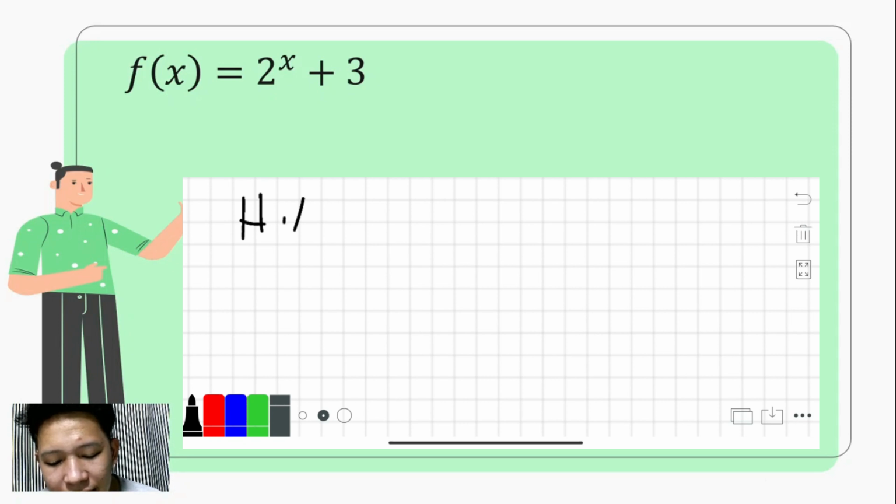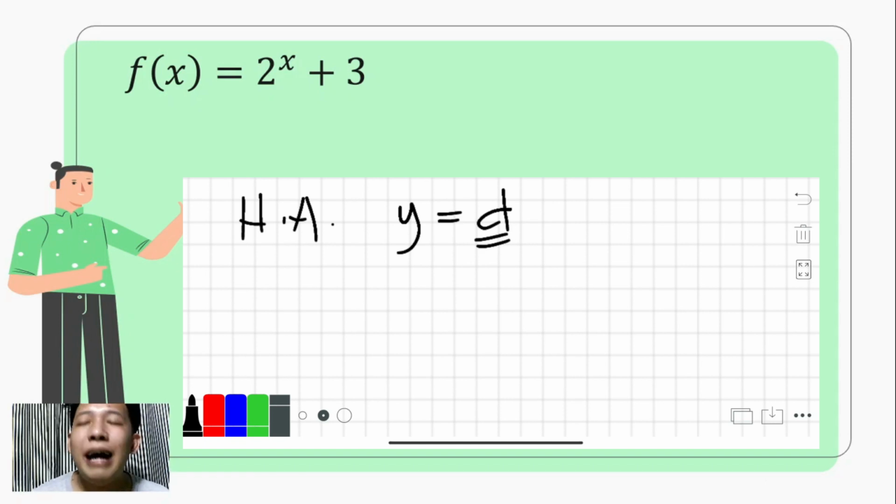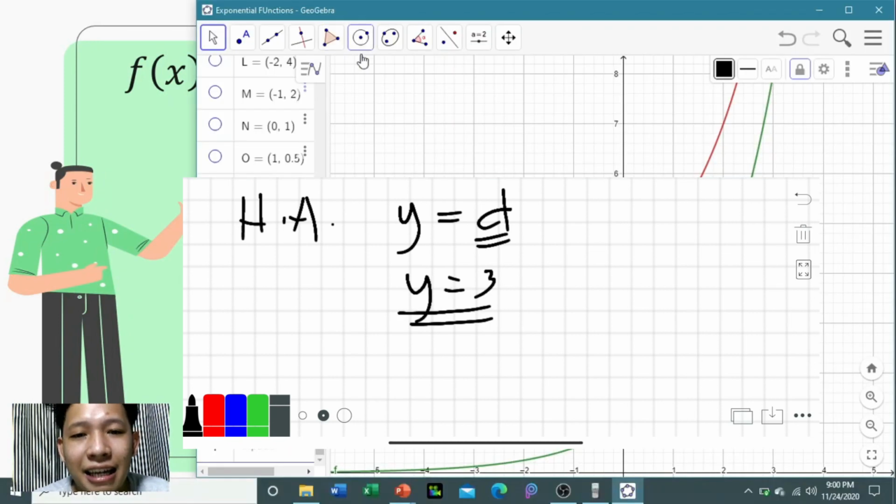So, yung horizontal asymptote natin would be at y equals d, or yung d natin na tinatawag, yung value na ina-add or sinusubtract natin dun sa buong function natin. Okay? Since d would be 3, then our horizontal asymptote would be at y equals 3.